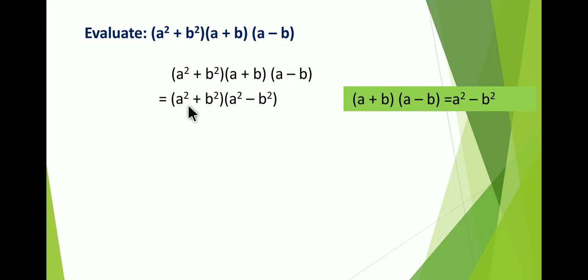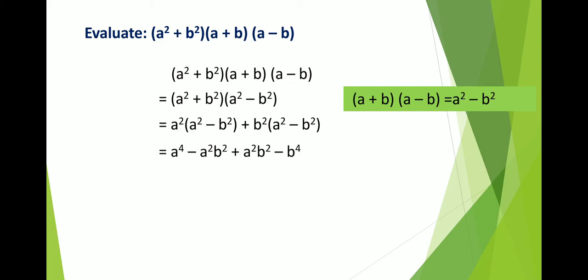So again, like the previous one, a squared multiplies a squared minus b squared, and again plus b squared multiplies a squared minus b squared. So now a squared times a squared is equal to a to the power 4, plus into minus is minus, a squared into b squared, that is a squared b squared, plus b squared times a squared is a squared b squared, plus into minus is minus, b squared times b squared is b to the power 4.